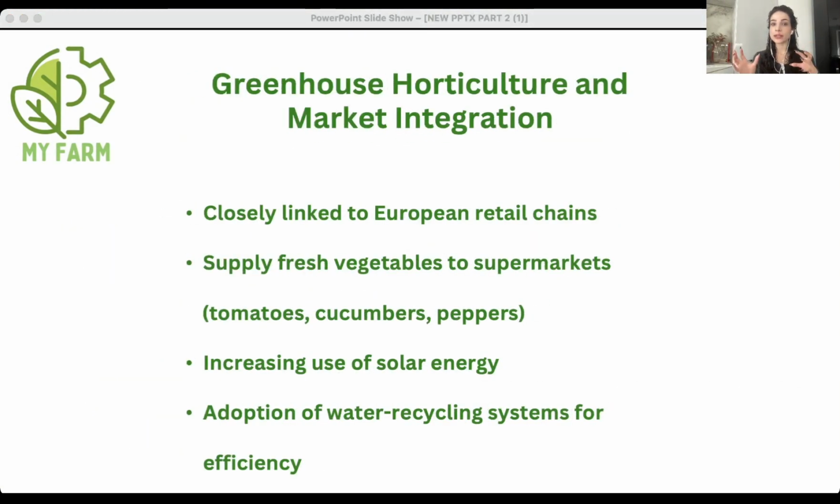Well, these businesses are tightly integrated with European retailers, supplying supermarkets with fresh tomatoes, cucumbers, and peppers. Some have begun integrating solar panels and water recycling systems to improve resource efficiency.